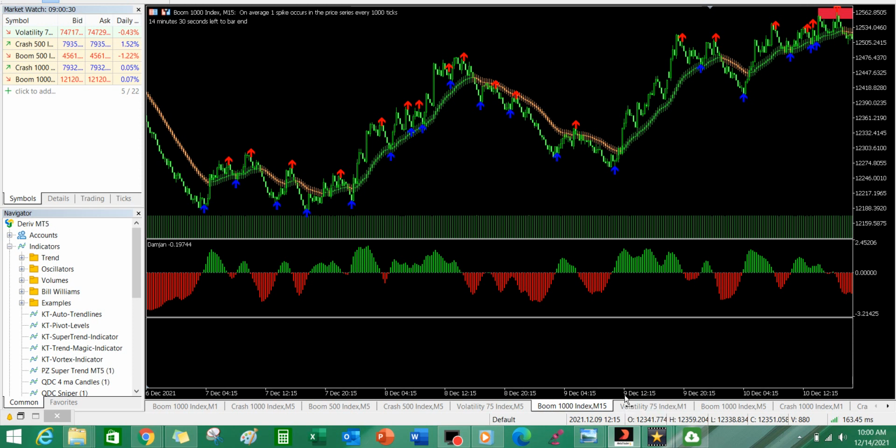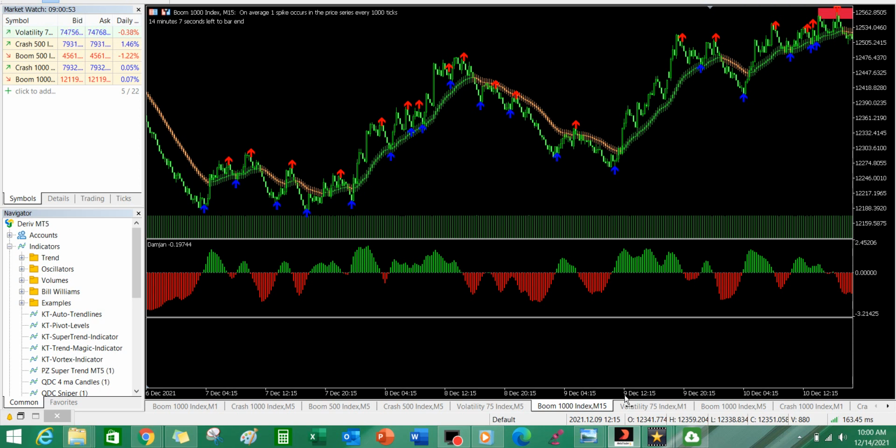It is best traded in boom when the market is on uptrend, because the normal trend of boom is downtrend. For crash, it is best traded when the market is on downtrend.